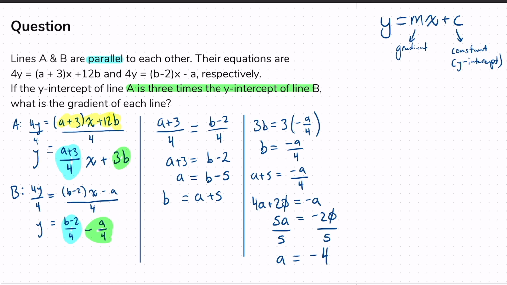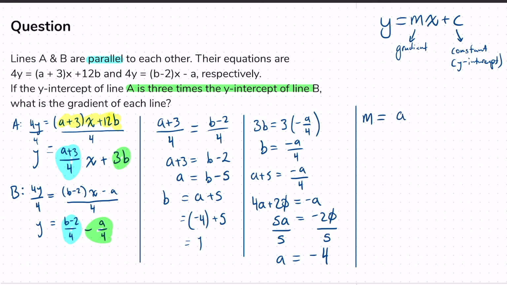If a is equal to negative 4, then b is equal to negative 4 plus 5, which is equal to 1. And this will finally allow me to determine what my gradient is, right? Because both m's are the same. Let's use a.